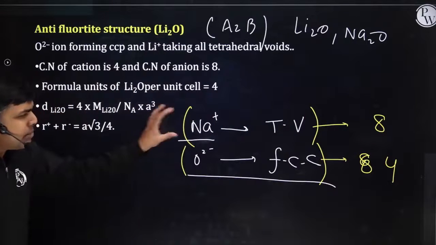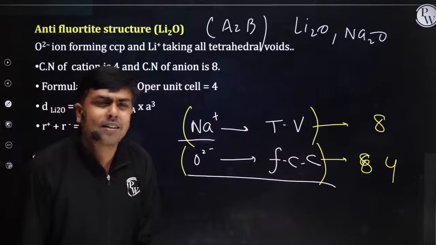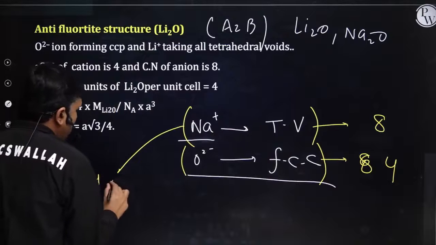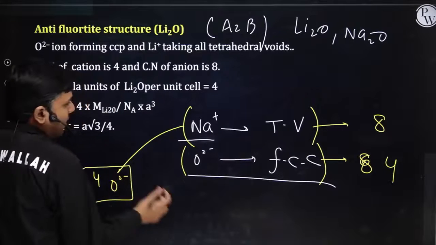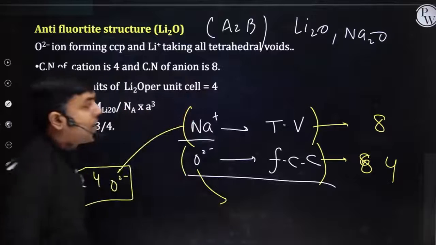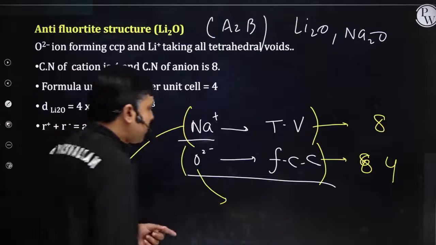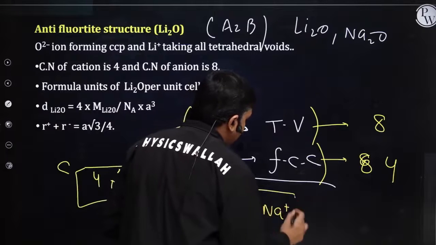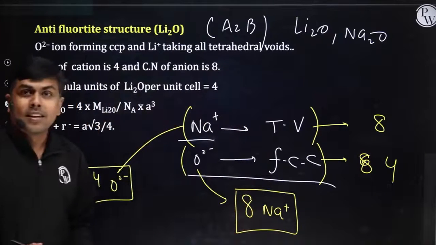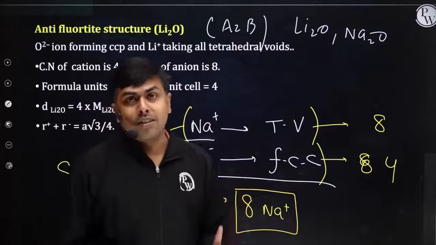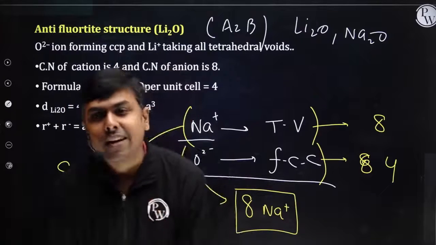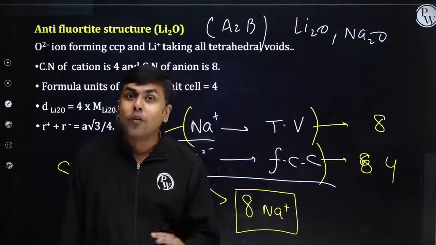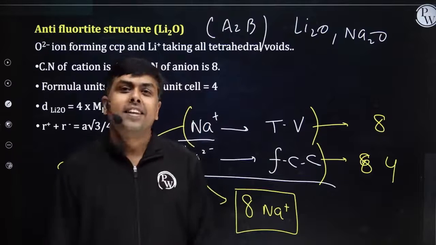Now, Na+ is placed in a tetrahedral void, so it is surrounded by 4 O2-. This O2- will be surrounded by how many Na+? It will be surrounded by 8 Na+. So the coordination number of O2- is 8. In case of the anti-fluorite structure, the coordination number of the cation is 4, whereas the coordination number of the anion is 8.